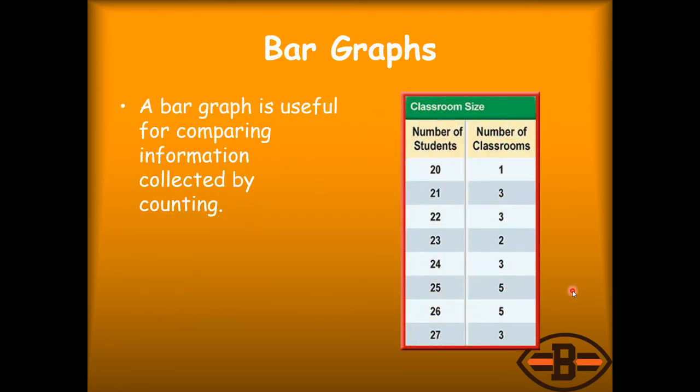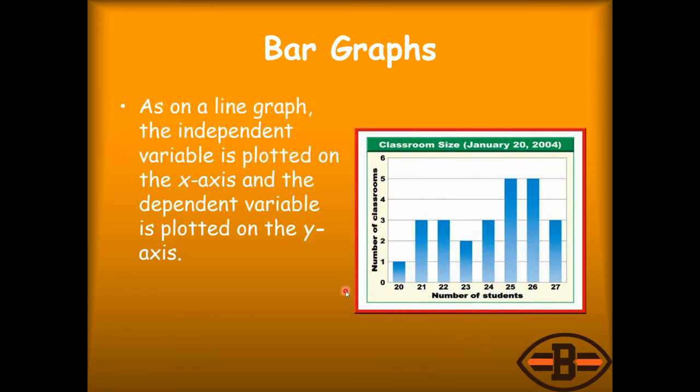Again, here's a bar graph now. A bar graph is useful for comparing information collected by counting. If we look at this, one classroom has 20 students, three classrooms have 21 students, three classrooms have 22 students. And again, if we look at the graph, it just makes that table easier.